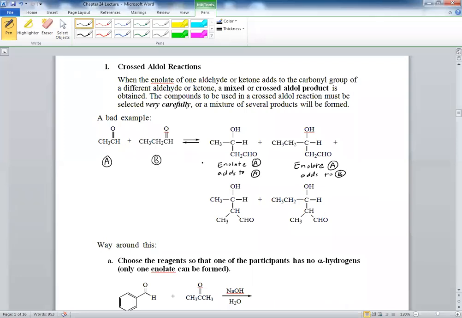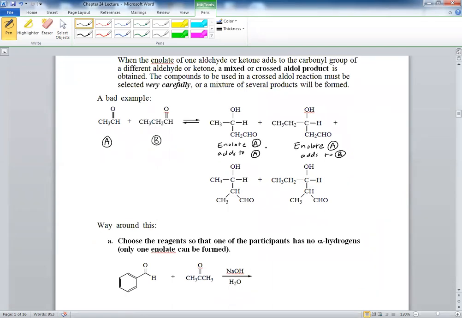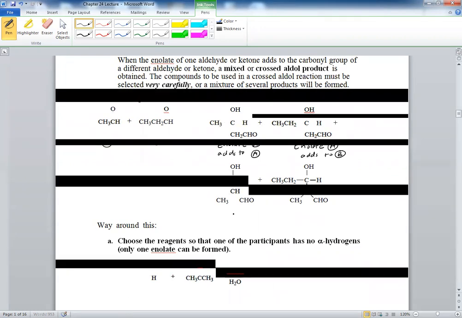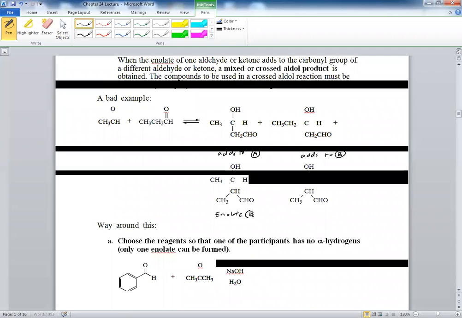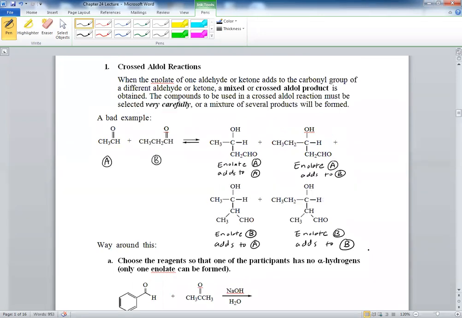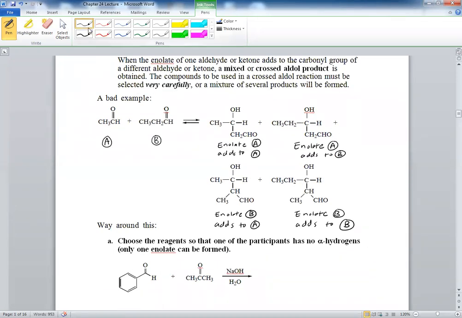There's no space here to show you all of that, but I will show you one or two. And then this one is the enolate of B, and it adds to A. And then this one is the enolate of B adds to B. Okay, so let's show you.